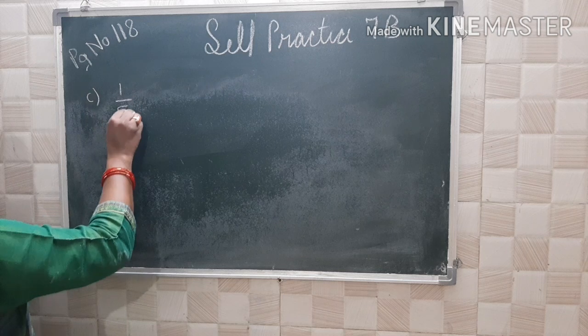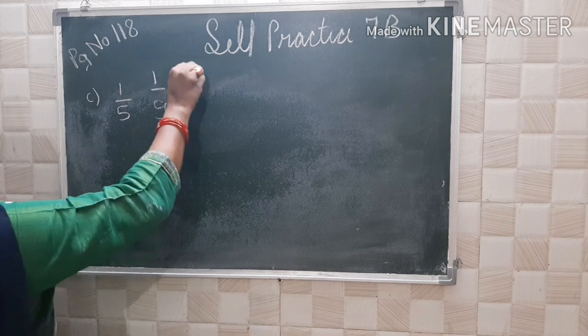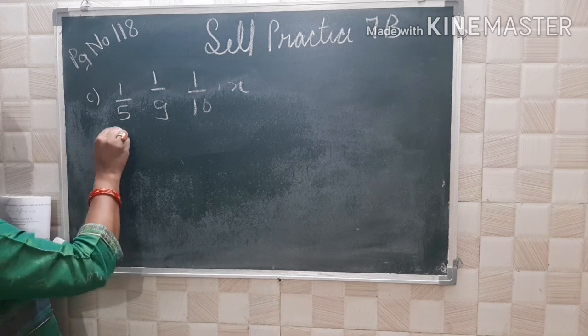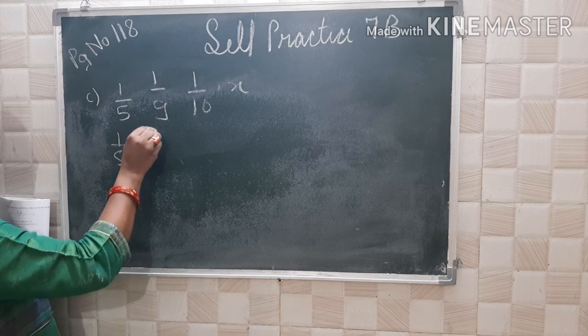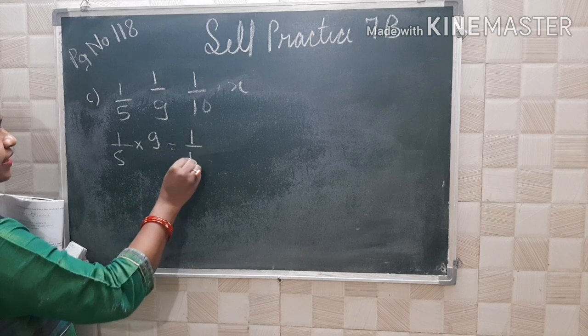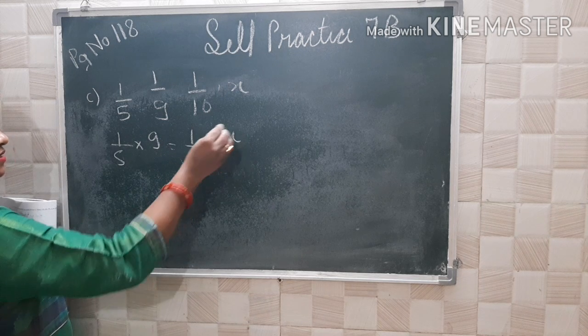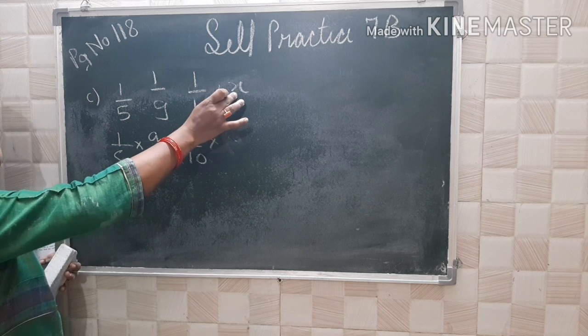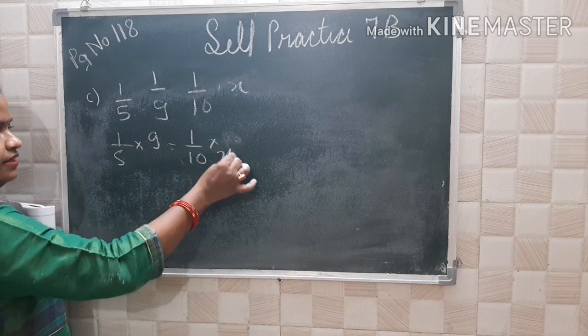1 upon 5, 1 upon 9, 1 upon 10 and x. So what you will have? 1 upon 5 into 9 is equal to 1 upon 10 into x. Sorry, into x is there, no? The x will come here.